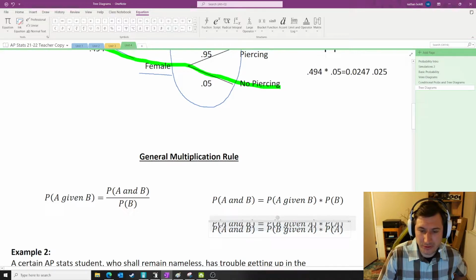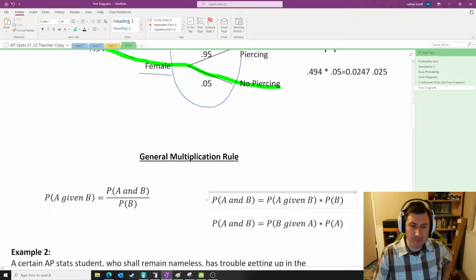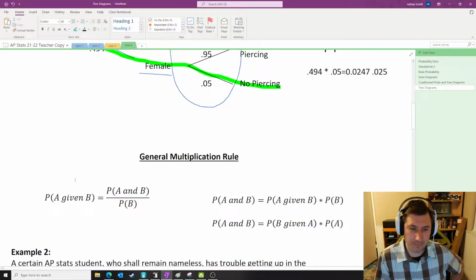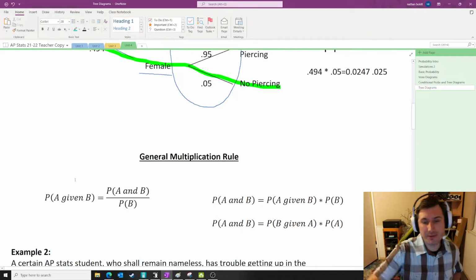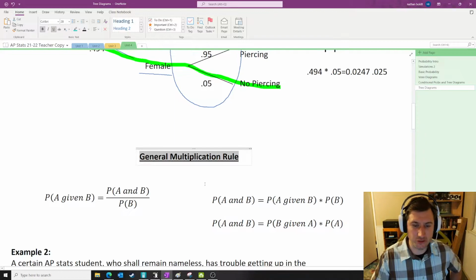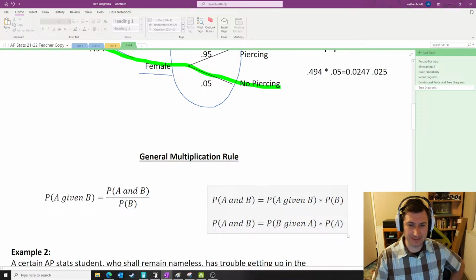So those are both the same. They will both give you the probability of A and B, just depending on what you're given. That takes our conditional probability and turns it into what's called the general multiplication rule, which is these two things here.